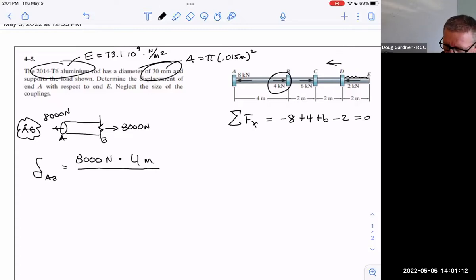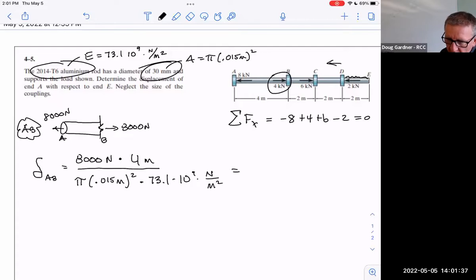And then it was area, which I won't calculate the number for, but I'm glad that I called that meters because I want everything to be newtons and meters. And then this E value, which is 73.1 times 10 to the 9th newtons per square meter.